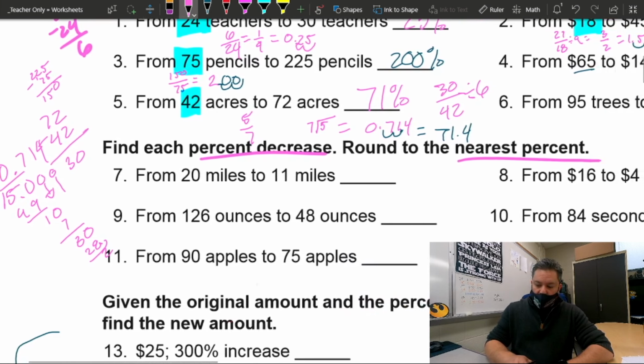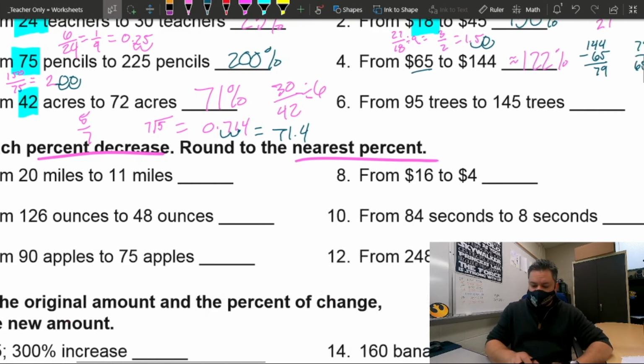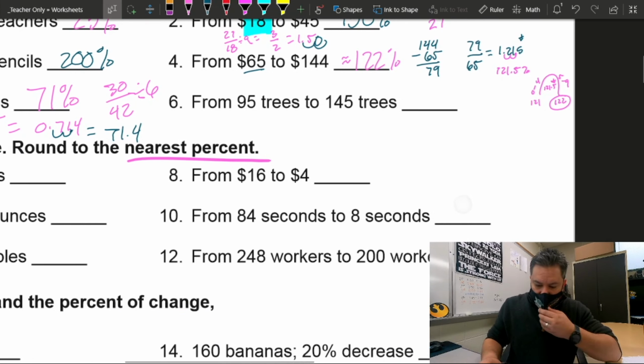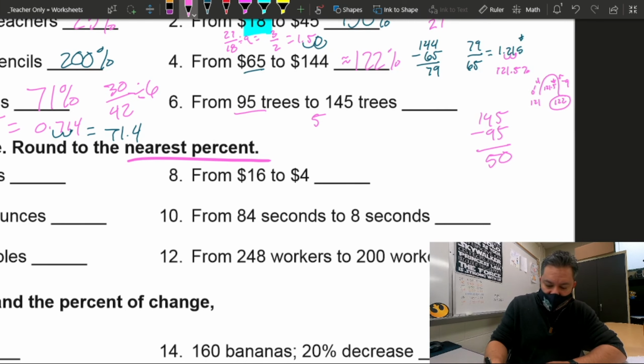We had one more increase, then we're gonna do decrease, which is the same process. Number 6, we're gonna do this a little bit faster. So my original right here, so I'm gonna do 145 minus 95, which gives me what? 50. So I'm gonna divide this by the original, 50 divided by 95, which gives us 0.526.